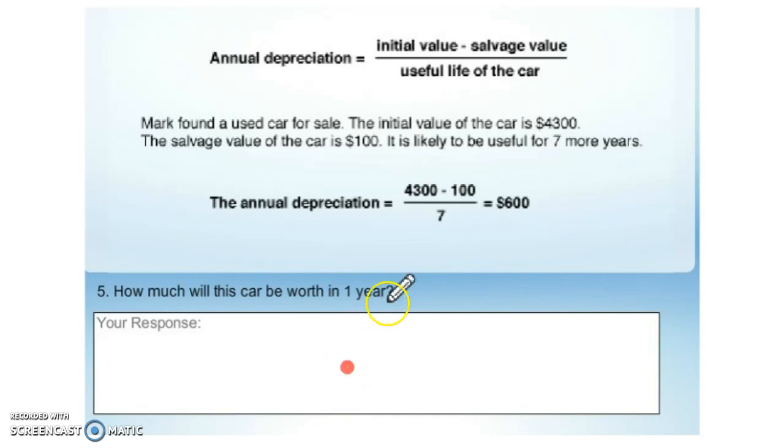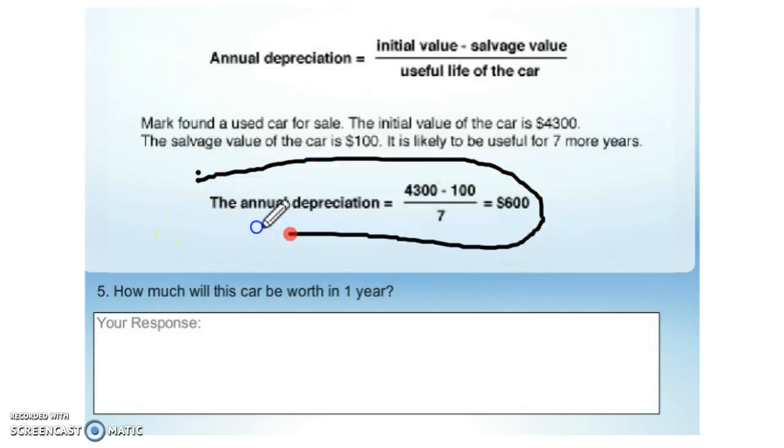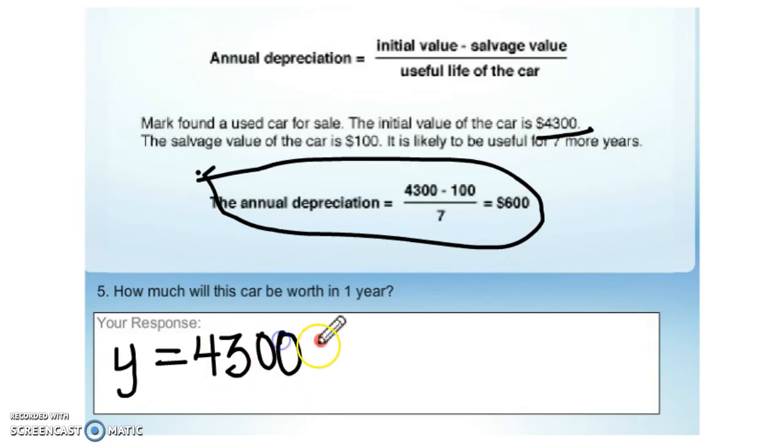All right, hopefully you paused the recording. Notice it has the annual depreciation calculated for you here. We already know it's going to depreciate $600 per year. So our equation, it's initially worth $4,300 minus, let's drop in $600 per year. That's our equation.